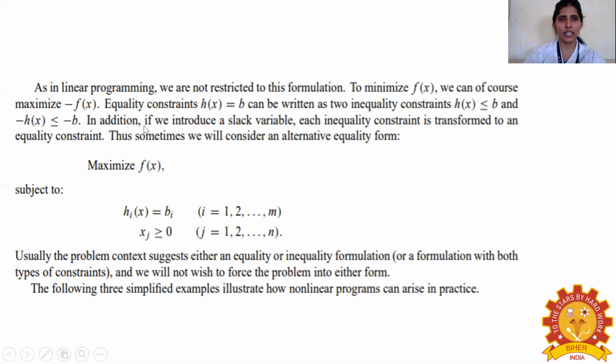So in addition, if we introduce a slack variable, each inequality constraint is transformed to an equality constraint. So thus sometimes we will consider an alternative equality form, that is maximization of f of x subject to hi of x equal to bi, even though it is a maximization problem, such that xj will be greater than or equal to 0.